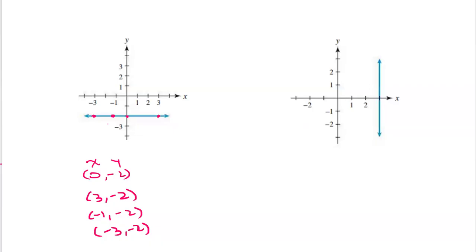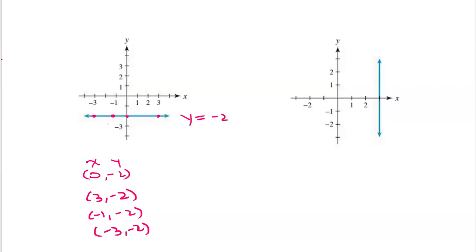So it doesn't matter what number you give me for the x coordinate, the y coordinate will be the same. So the equation for this horizontal line is going to be y equals -2 because it doesn't really matter what you give me. The y value will always be -2.